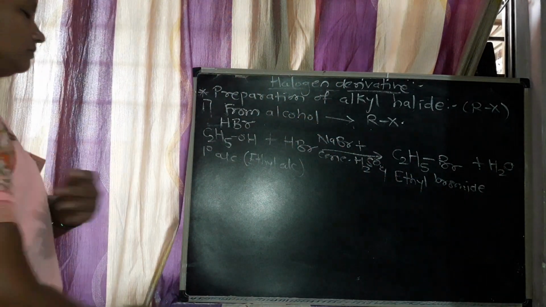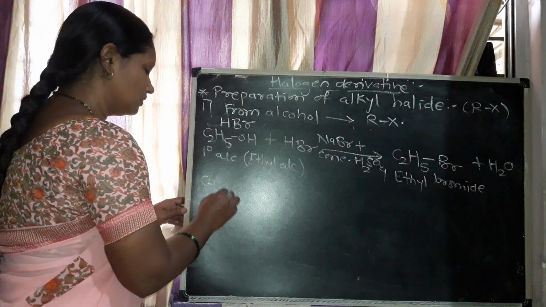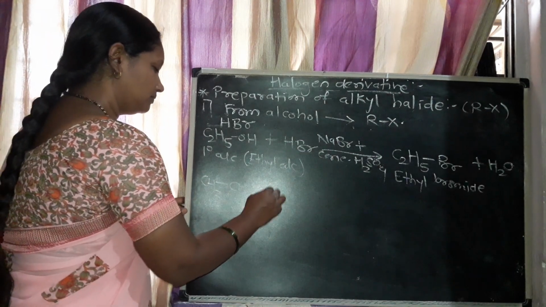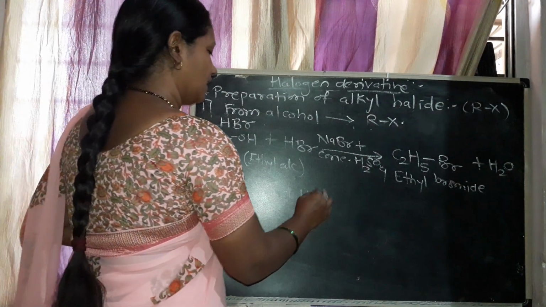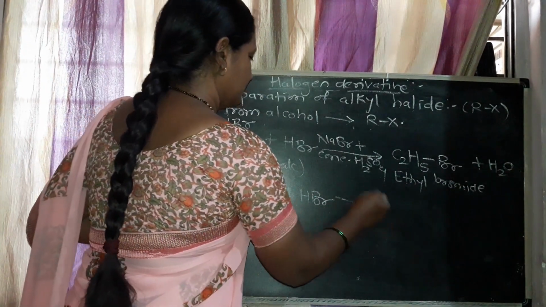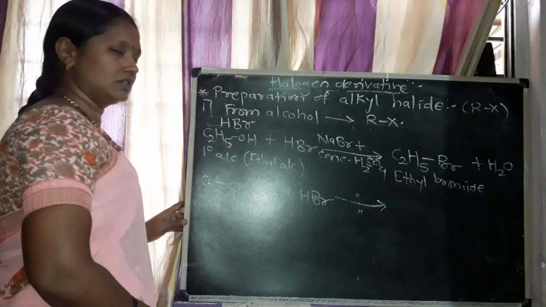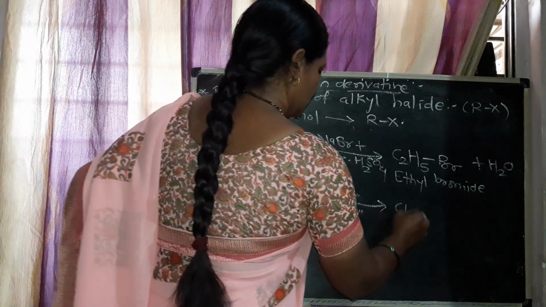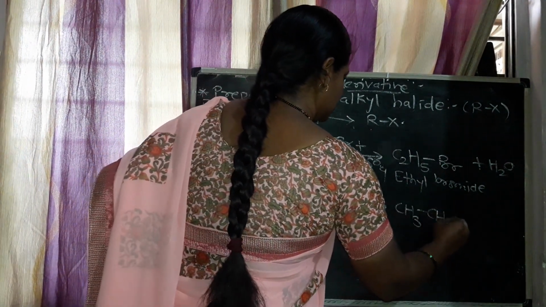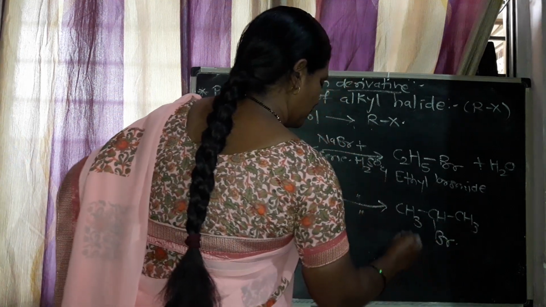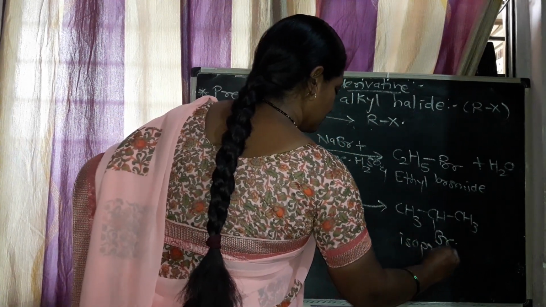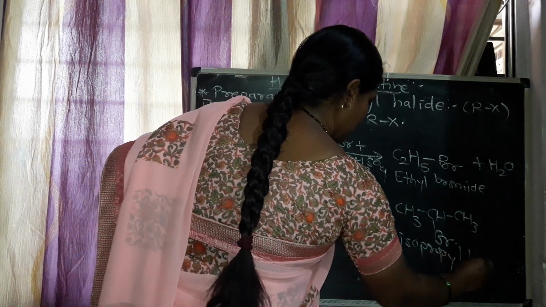Then secondary alcohol plus HBr, same catalyst NaBr plus concentrated H2SO4. Then here is the formation of isopropyl bromide.